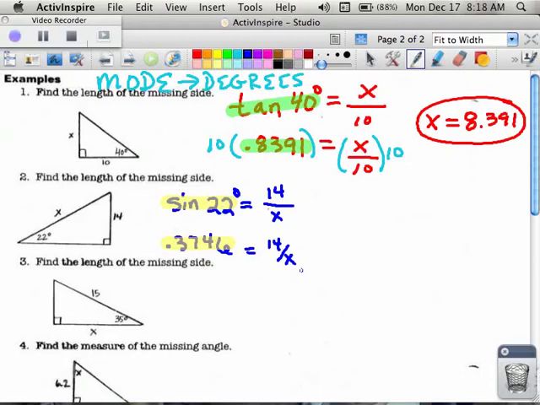So in order to find my answer, what I'm going to do is I'm going to tell you that my x is going to be equal to that 14 divided by 0.3746.